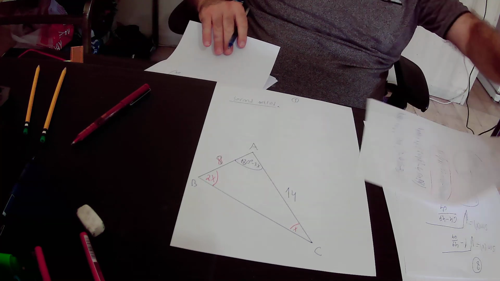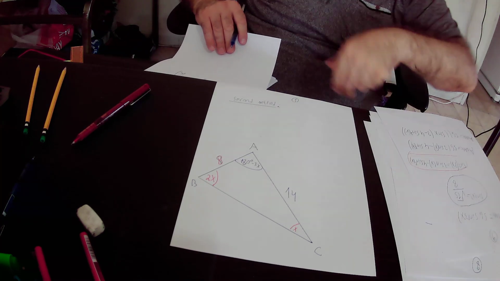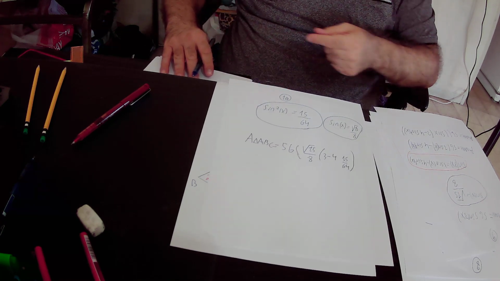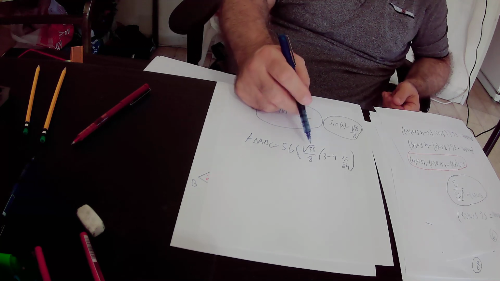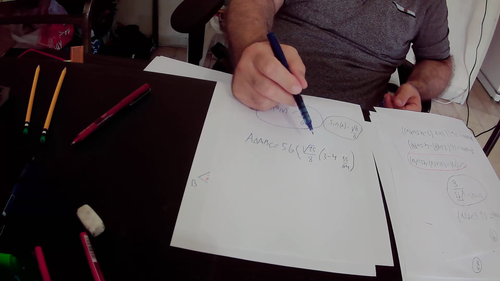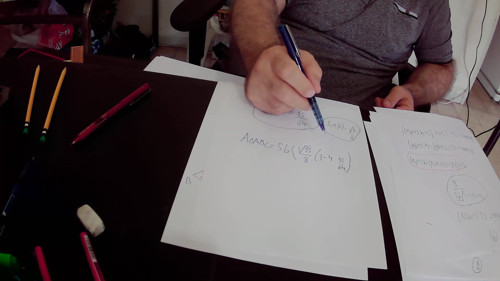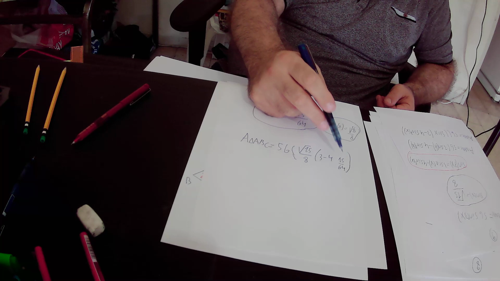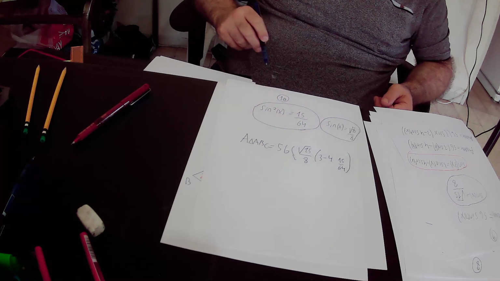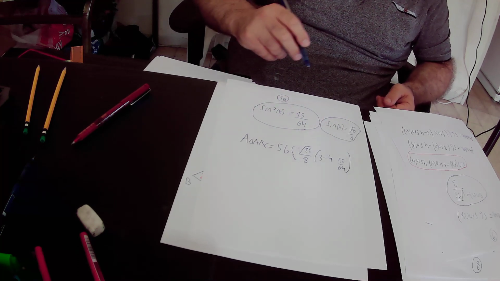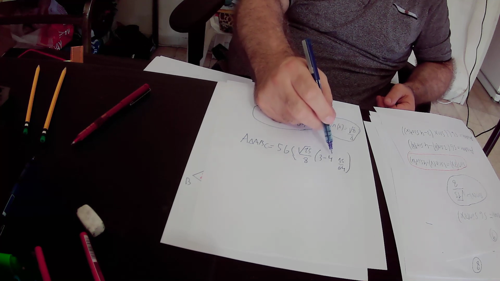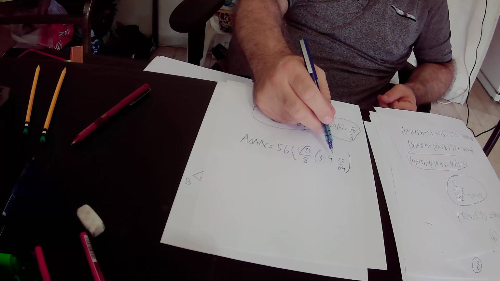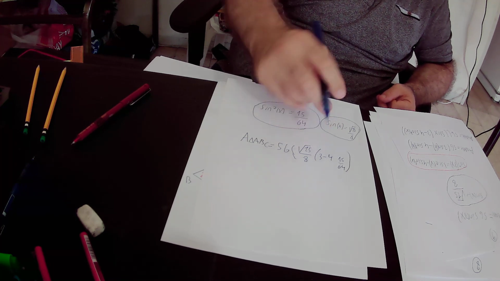So in total we got that the area of triangle ABC equals 56 times root 15 over 8. In the brackets we have 3 minus 4 times 15 over 64. 64 over 4 is 16, so we can cancel 4 and 64.